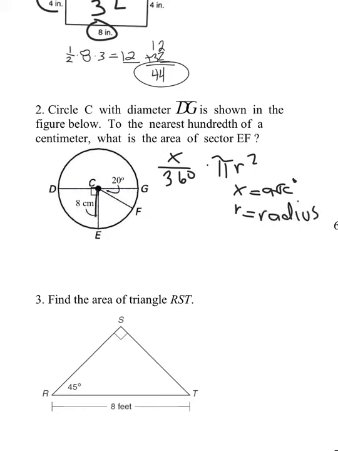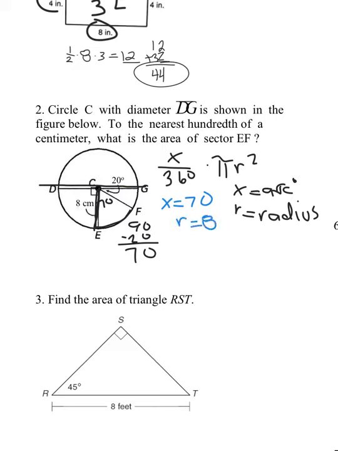So if this is a right angle here, and we know a diameter is 180, then 90 minus 20 is going to find us the angle of that. And remember, central angles and the arc are the same. So x is 70. Change colors here. And the radius, of course, you see is 8.